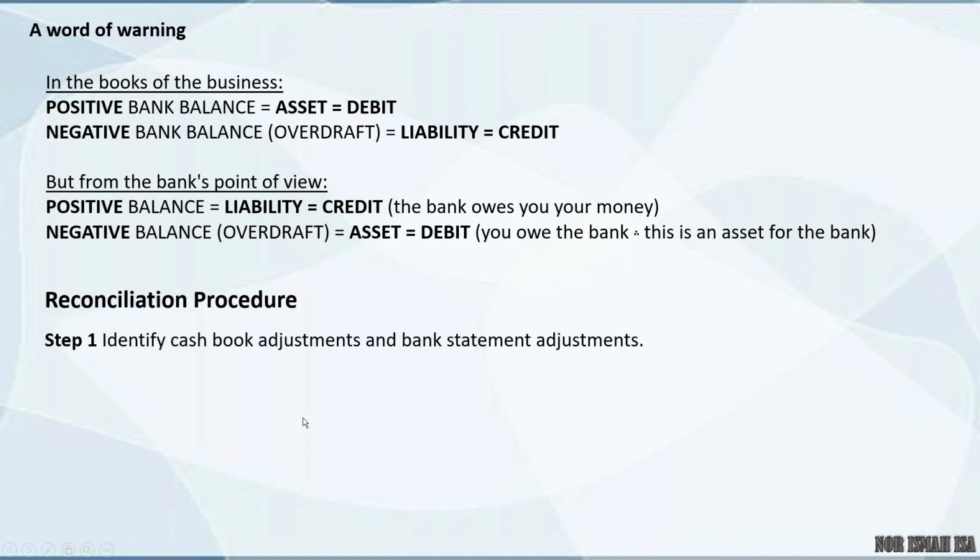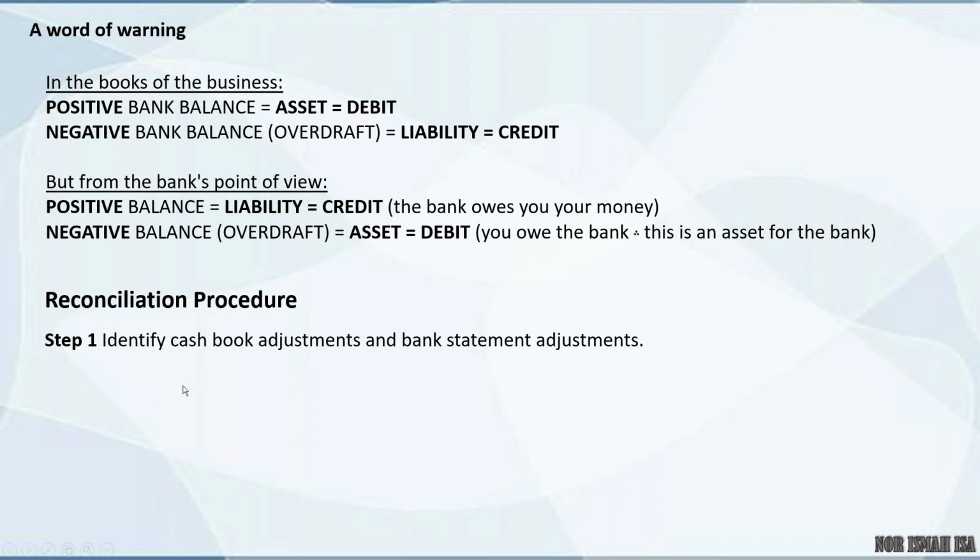So this is the step for the reconciliation procedure. The first step is to identify cash book adjustments and bank statement adjustments. So when comparing the cash book and the bank statement, we will identify which amounts appeared in the cash book and not in the bank statement, and the same, appeared in the bank statement but not in the cash book.